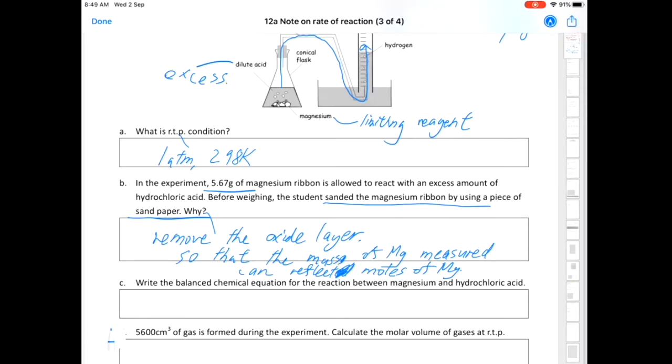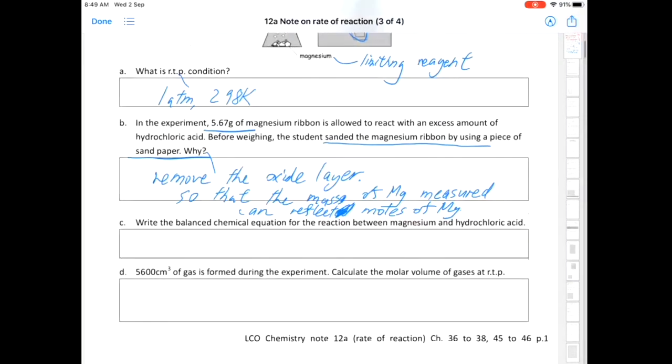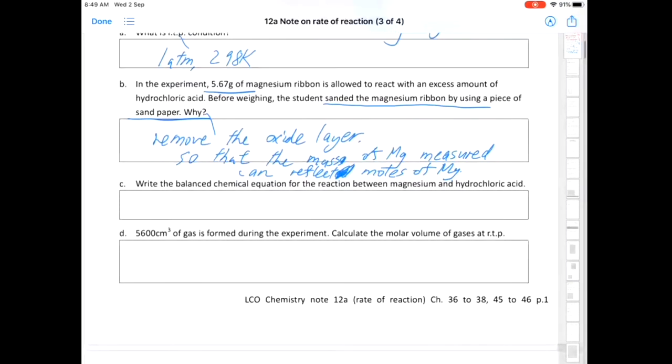If there is some magnesium oxide on the top, then you cannot apply the equation of mass divided by molar mass. If you understand, just finish parts C and D yourself first. I think you can handle the calculation.